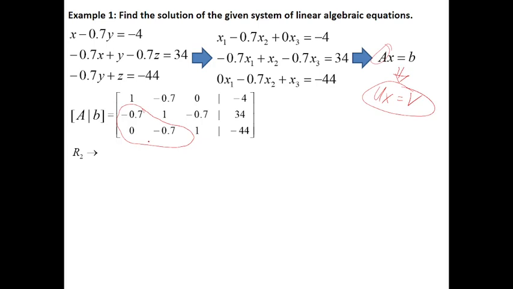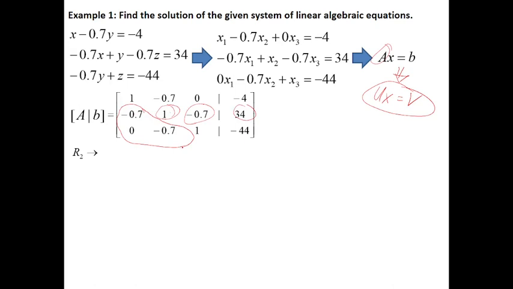But in doing that, the elements 1, negative 0.7, 34 will be altered when we change this to 0. When we change the element in the second row, first column, which is negative 0.7, the other elements in that row will be affected.